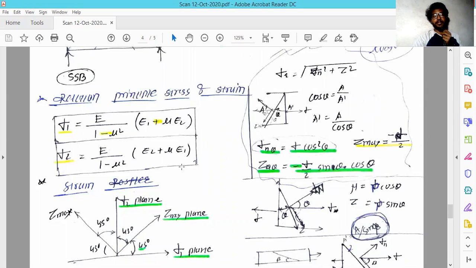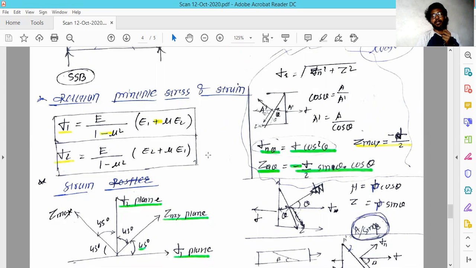And now we move to the relation, and trust me, this relation is very, very important, because it is the relation between stress and strain. If you know any one quantity, if you know the stress, you can find the strain, and if you know the strain, you can find the stress. Here the stress and strain are the principal stress and strain.